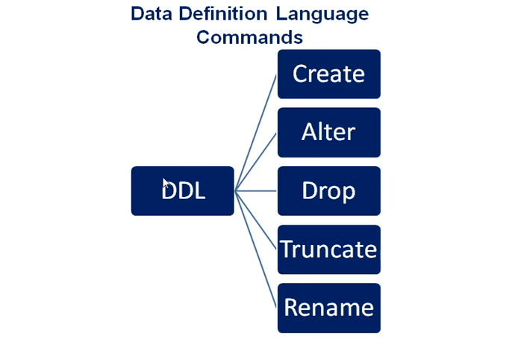And the next command is the drop command. The drop command is used to remove or delete the structure from the database. For example, you create a structure for student, later you want to remove that structure, use the drop command. It removes the structure from the database permanently. And the next one is the truncate command.